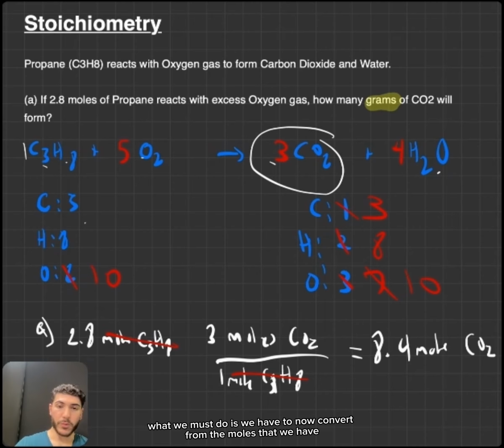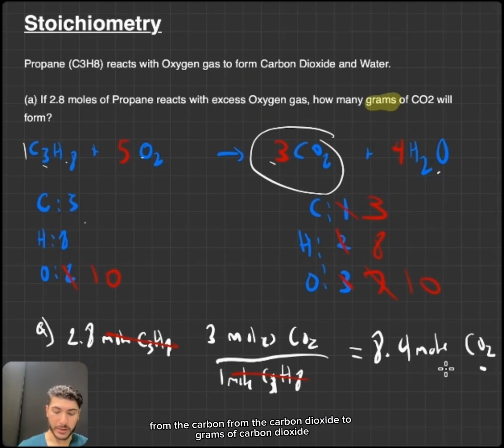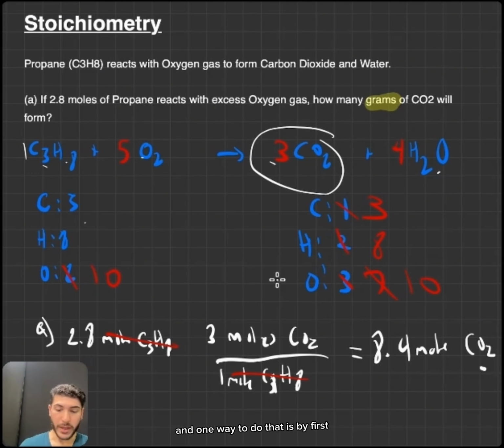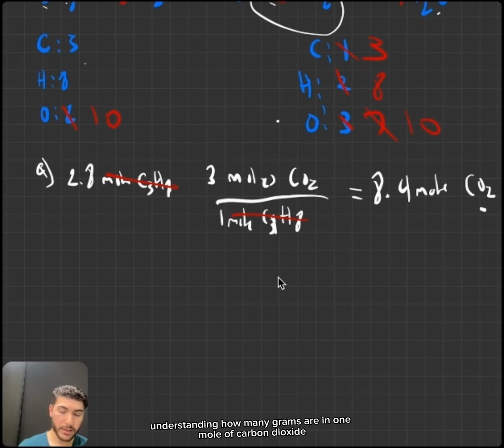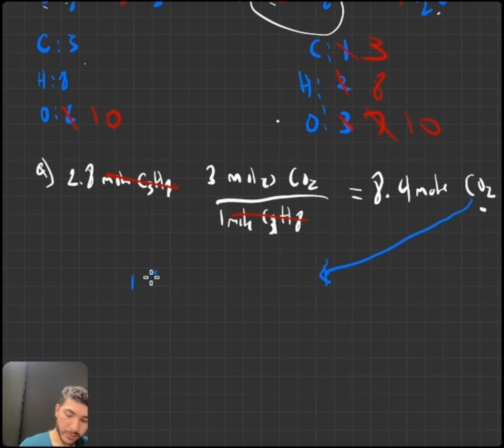To do that, we have to convert the moles of carbon dioxide to grams of carbon dioxide. One way to do that is by first understanding how many grams are in 1 mole of carbon dioxide. Let's break down carbon dioxide. Carbon dioxide has 1 carbon and 2 oxygen.